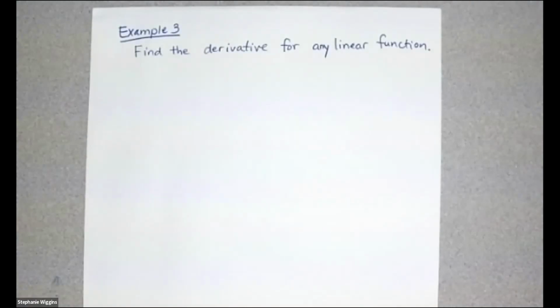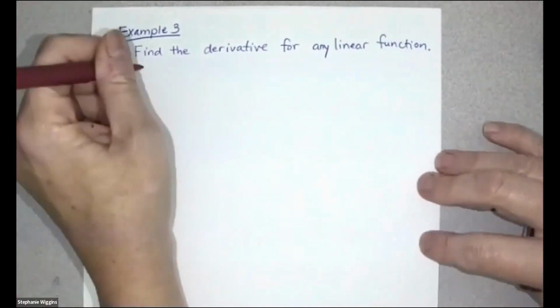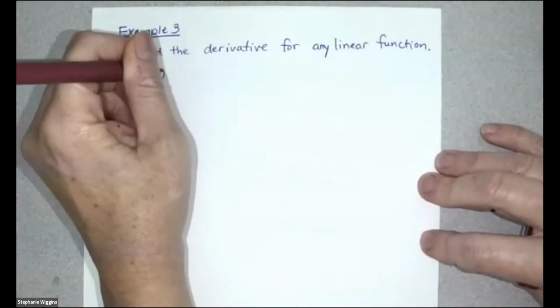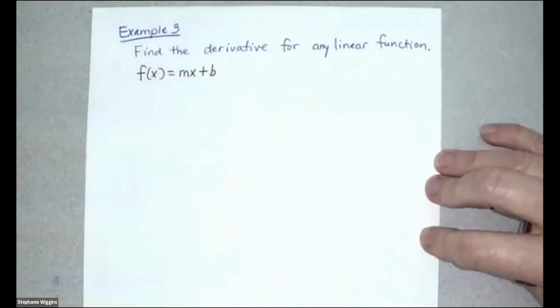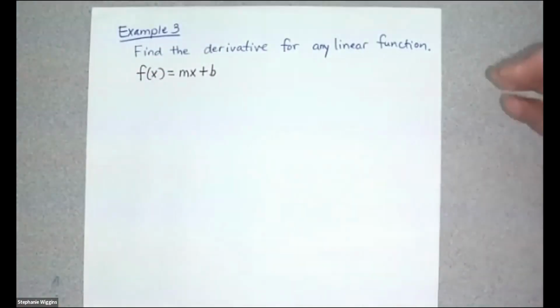I want to find the derivative for any linear function. So if I can do it for any linear function, then that's an easy way of finding the derivative. So what is a linear function? Well, a linear function has the form f of x equals mx plus b, okay? And I don't really care what m is or b.